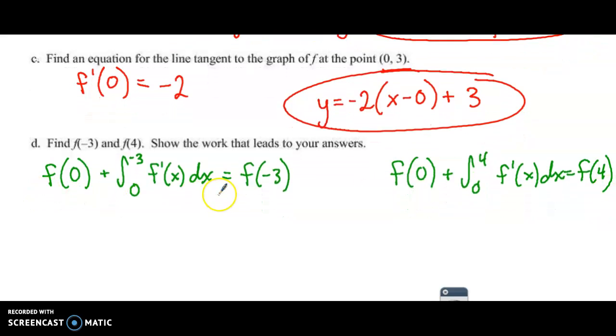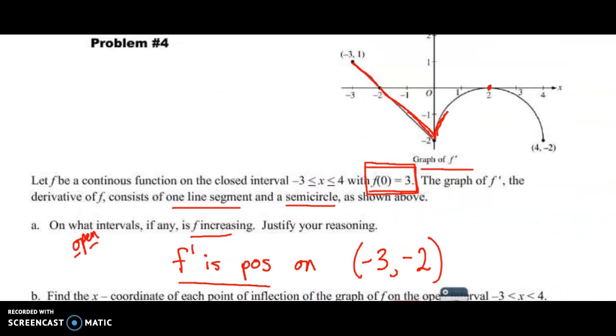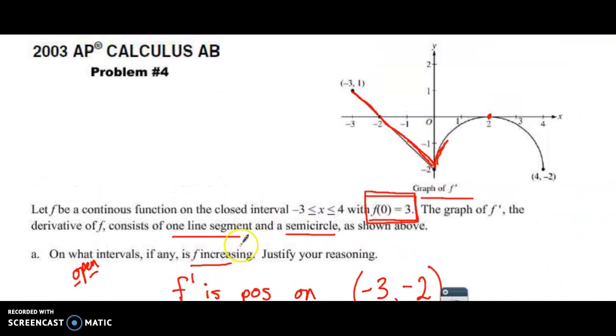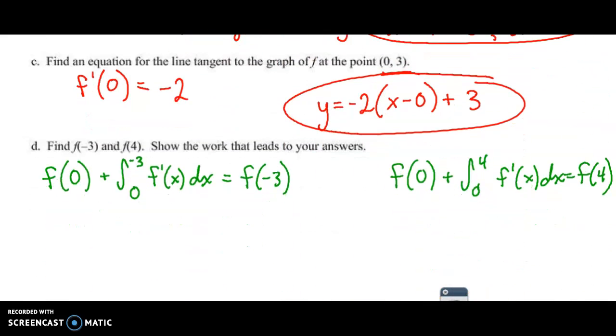And hopefully that makes sense from what I explained on the previous slide. So if I were doing that, then I would do a couple things. First of all, f of 0 is 3. I would actually want to change this to be minus the integral from -3 to 0, because I don't like to switch the signs around.